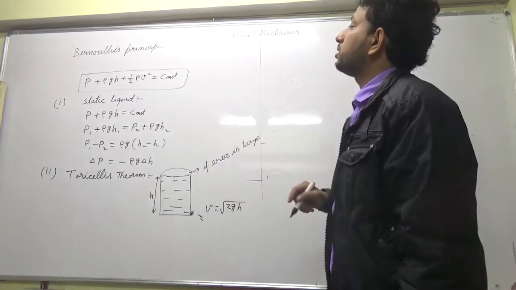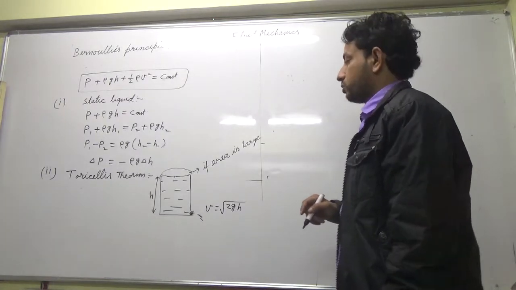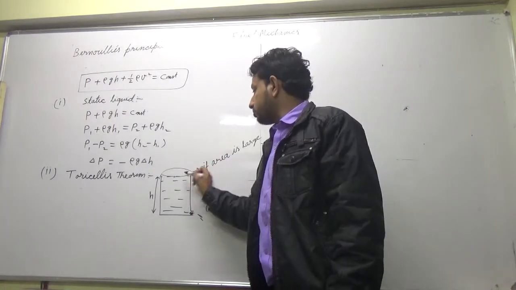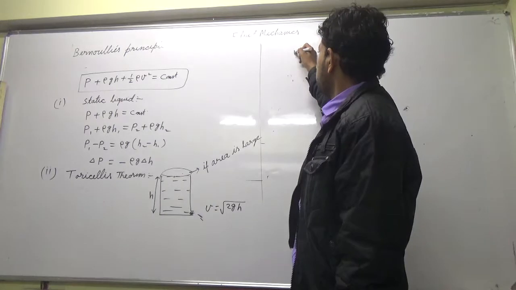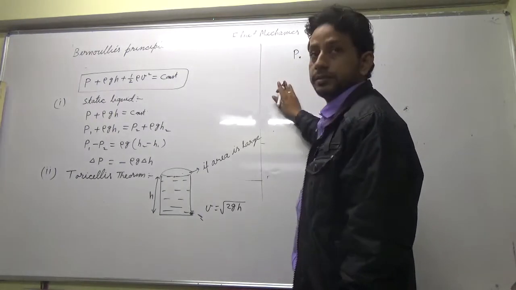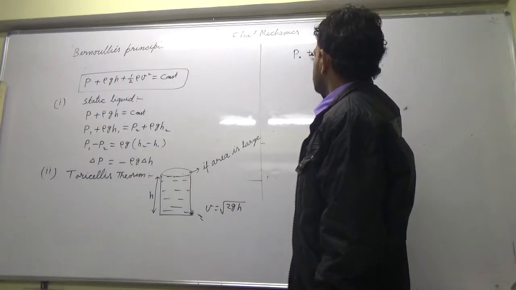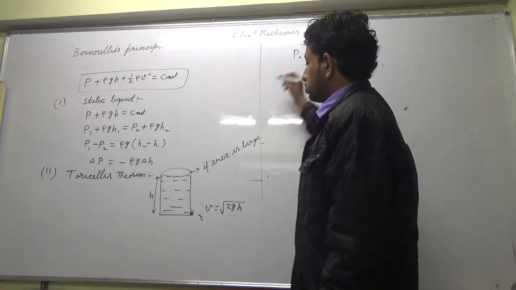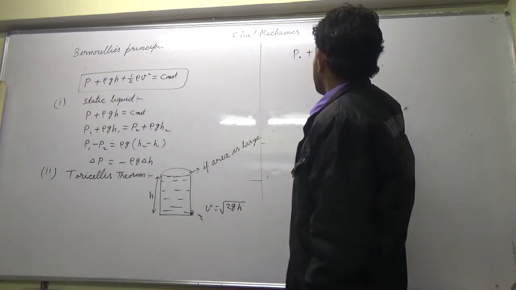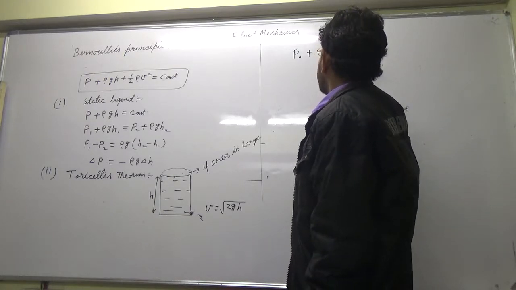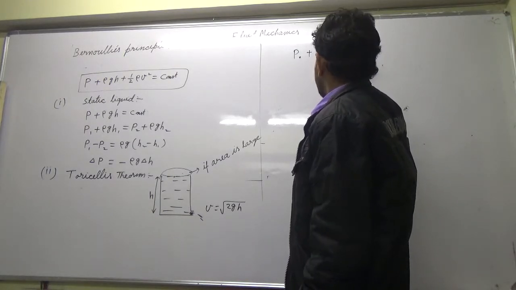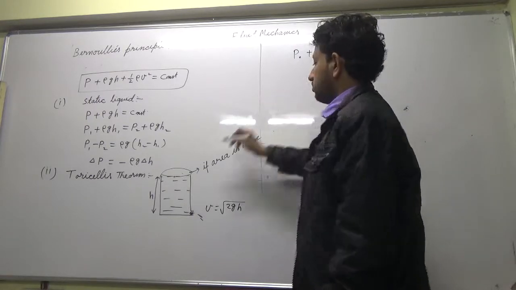Now we will apply the theorem. Pressure at this point is how much? P naught, atmospheric pressure. At this point, atmospheric pressure plus rho g h, where h is the height, plus velocity term, which will be 0 because of the large area.